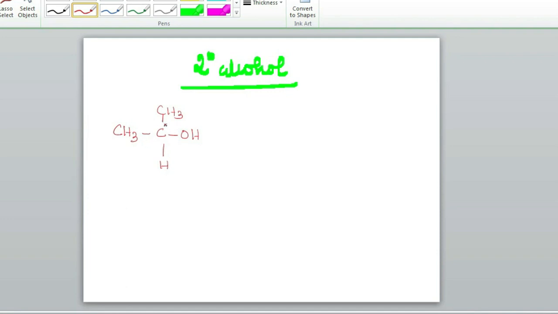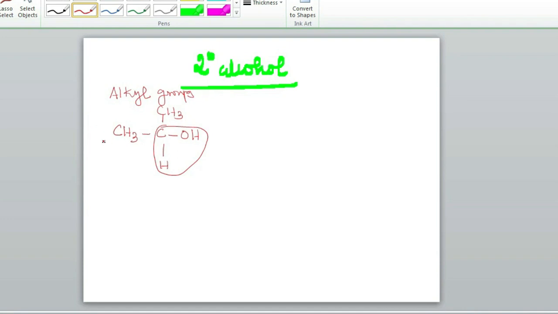Here CHOH is at the second position. CHOH is called a secondary alcohol. So this is also an alkyl group, and we call it a secondary alcohol.